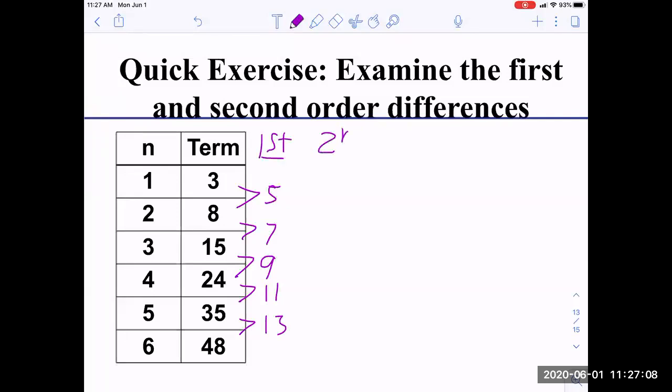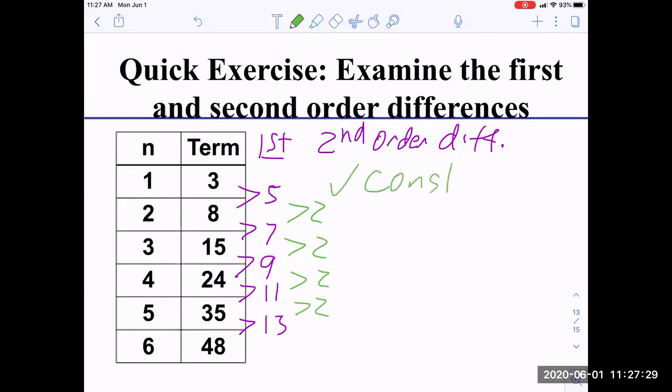Now I'm going to do the second order differences. Meaning, I'm going to look at the difference here. Notice that the second order differences, whoa, they're constant. What that tells me is my sequence is not linear. It's not linear because the first order differences were not constant.